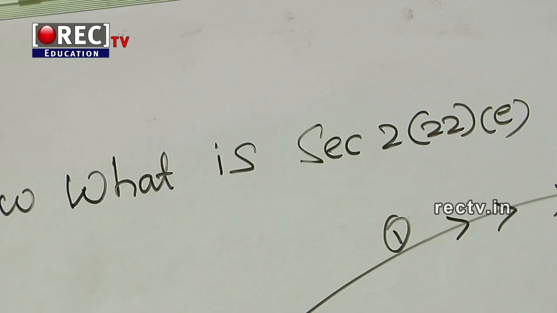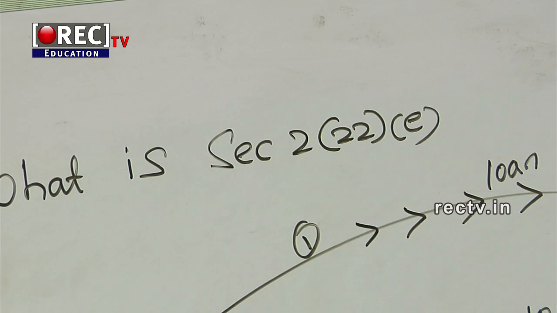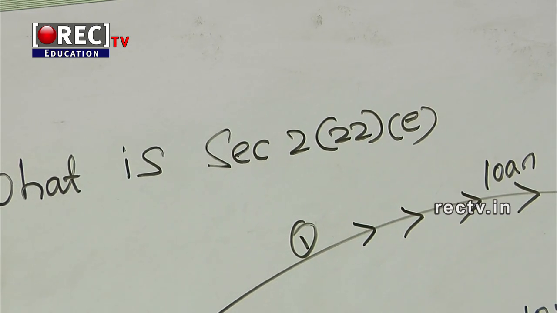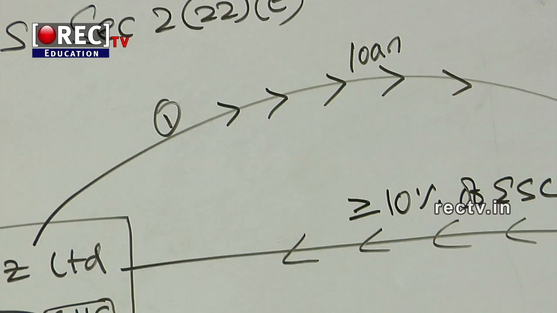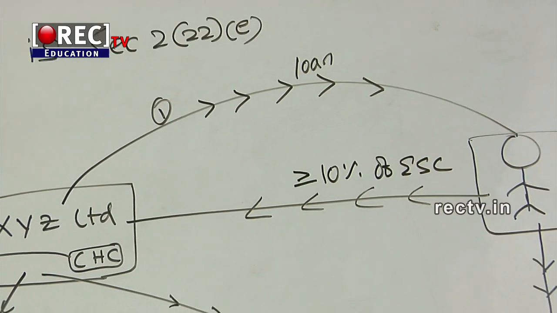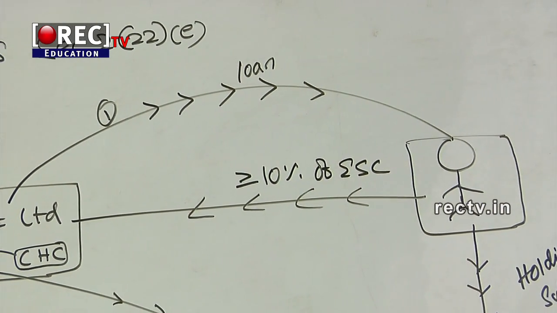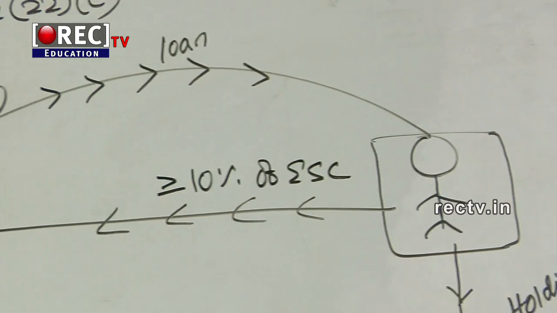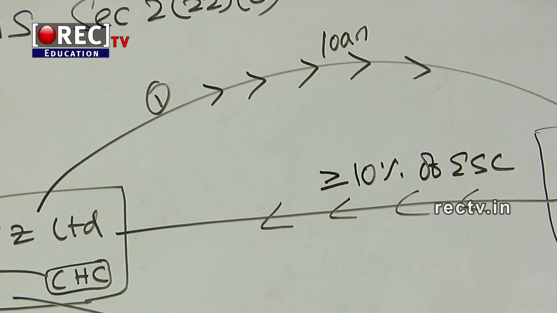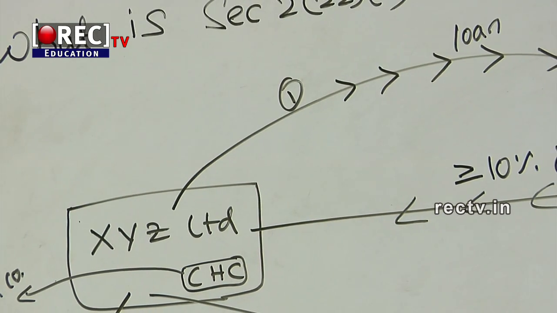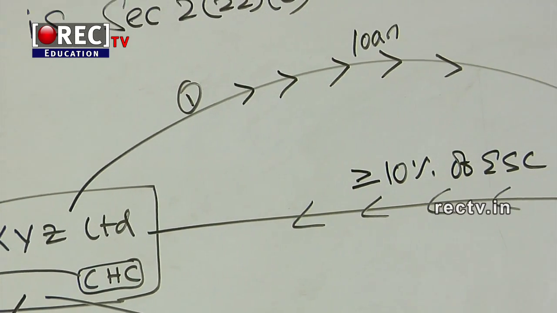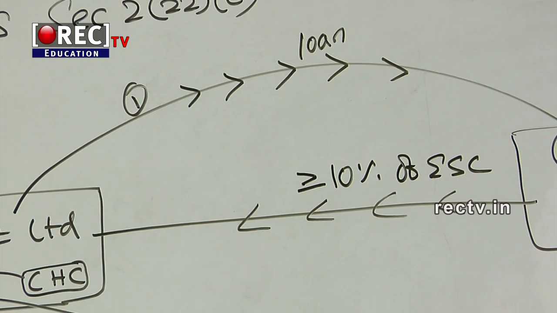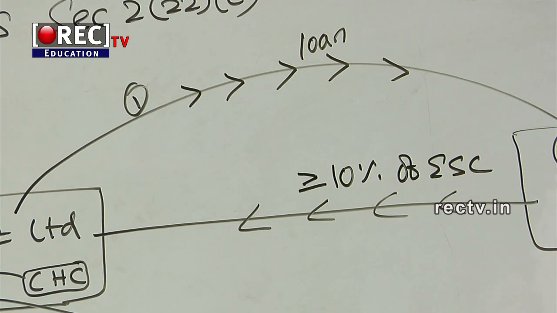Now what is section 2 subsection 22 clause E? What does it mean? Let us consider an example. Here a person holds shares in XYZ Limited, a closely held company, greater than or equal to 10% of equity shares.